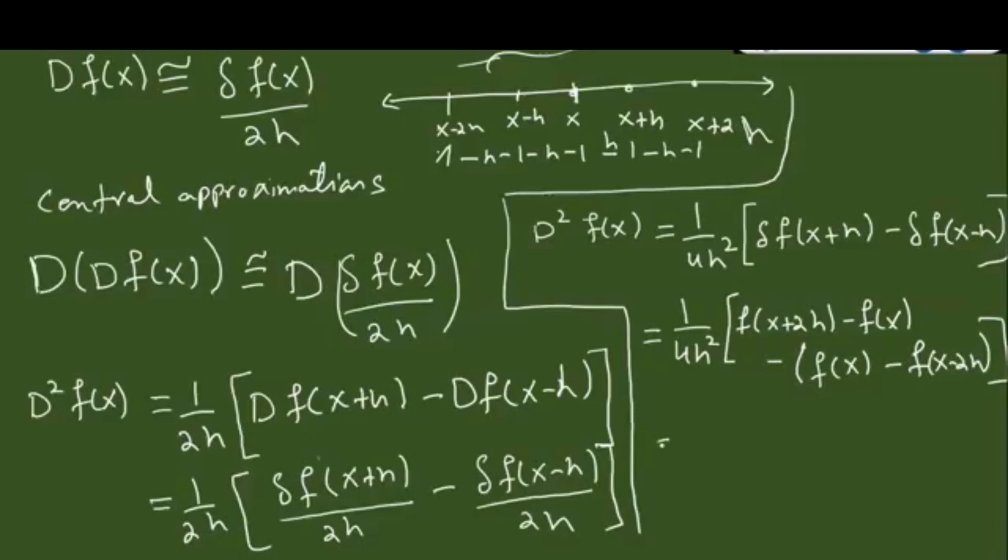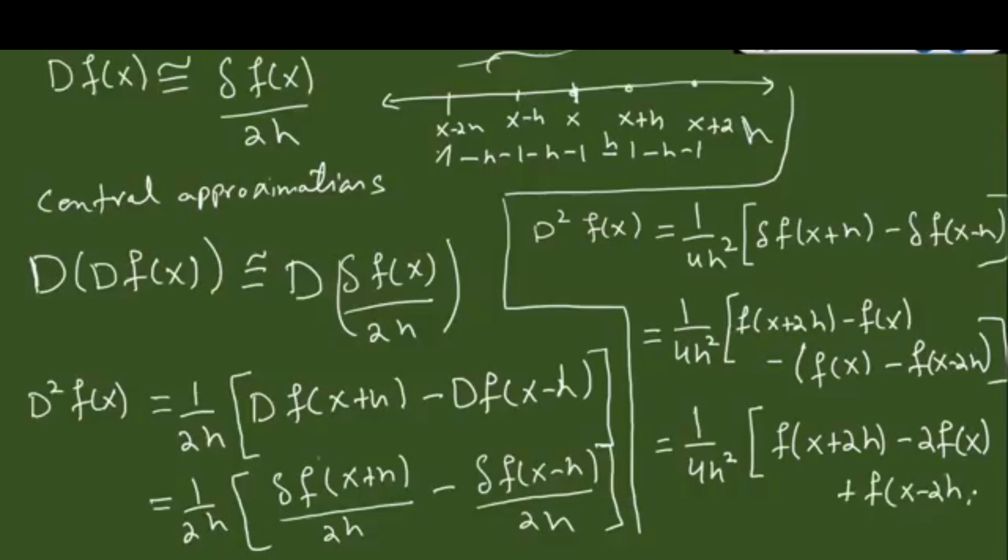So if you try to take out common, you will get 1 over 4h square times f of x plus 2h minus 2 times f of x, and this minus will be multiplied by this minus, that will become plus f of x minus 2h.